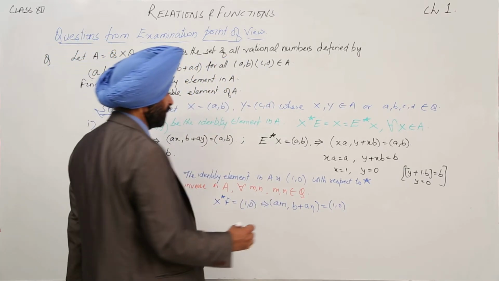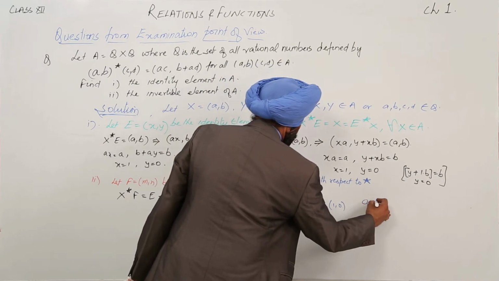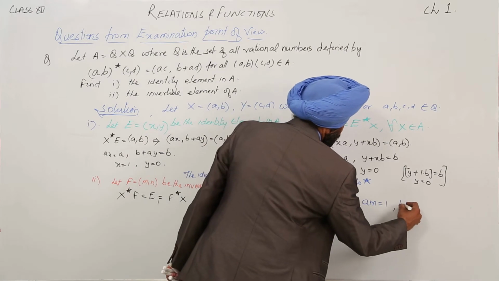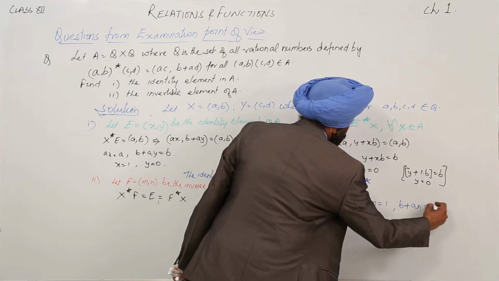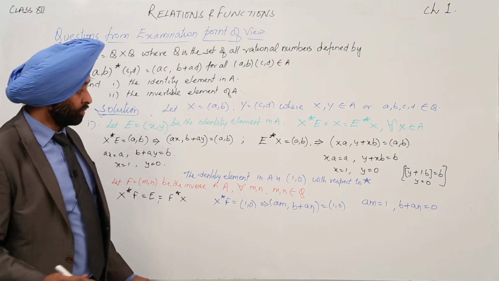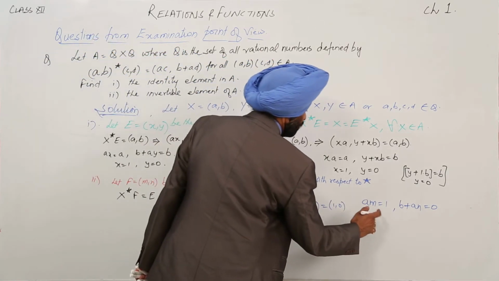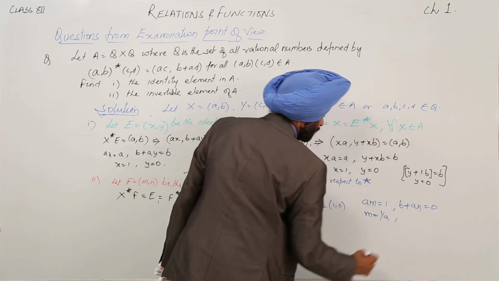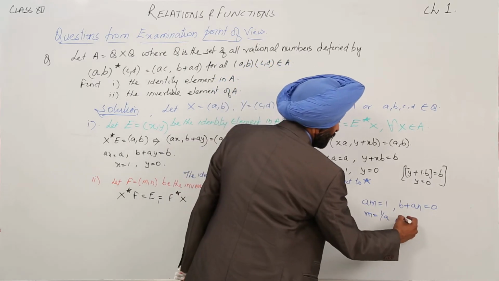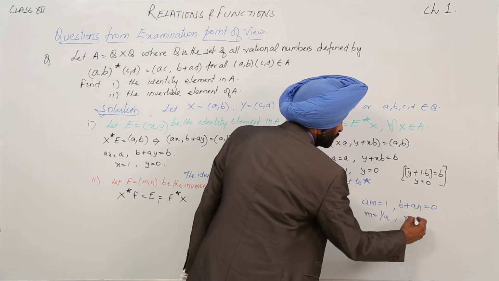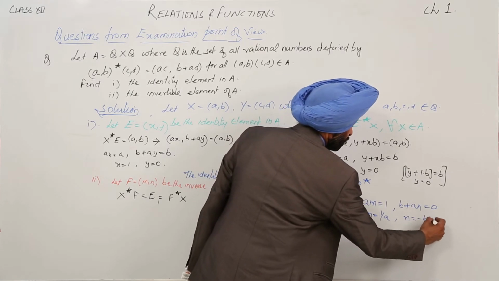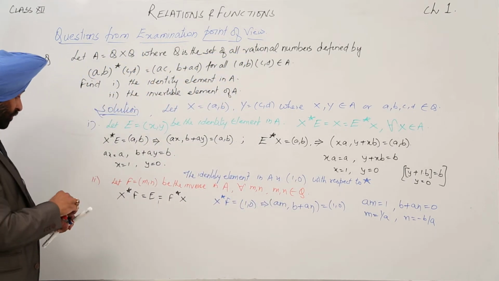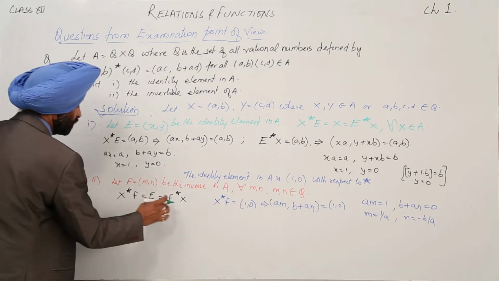Now we are having am is equal to 1 and b plus an is equal to 0. So what we are having? m is equal to 1 by a and n is equal to minus b upon a. Solving this part.